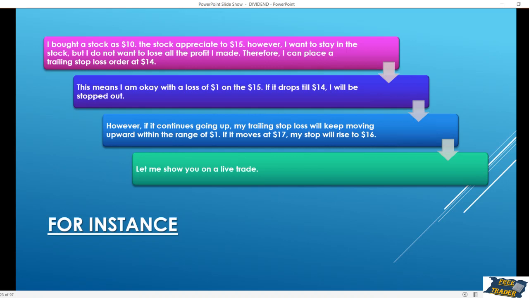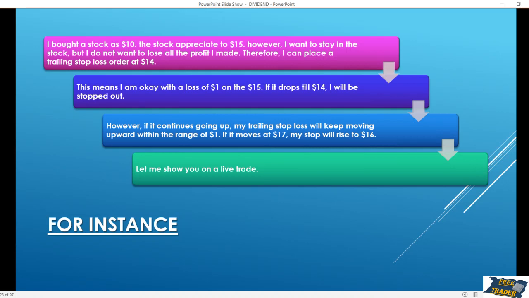If the stock drops to 14 bucks, I will be stopped out. However, if the stock continues going up, my trailing stop will keep moving upward within the range of $1. If the stock price moves to 17, my stop loss will rise to 16. It will keep moving with the overall price of the stock.